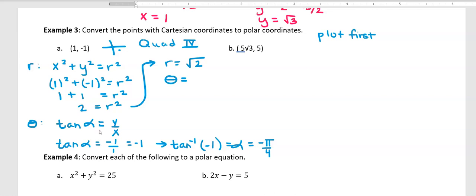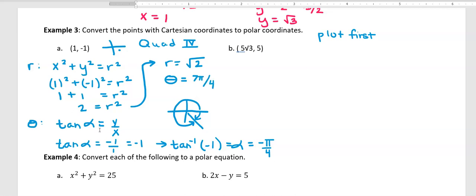So we have to think to ourselves, okay, so -pi over 4 is going clockwise. We want to figure out what its corresponding angle is going clockwise. So what would that be? And that would be the angle 7pi over 4.